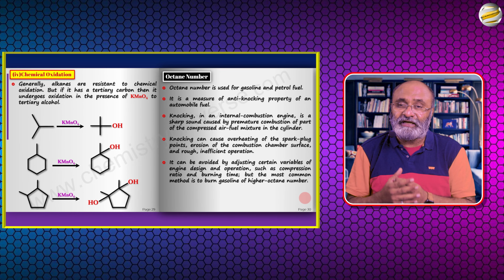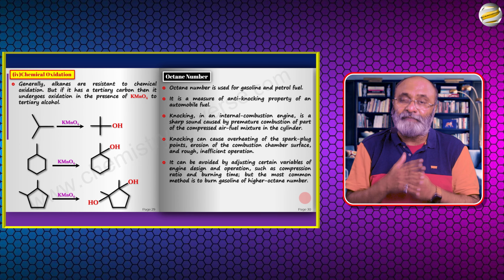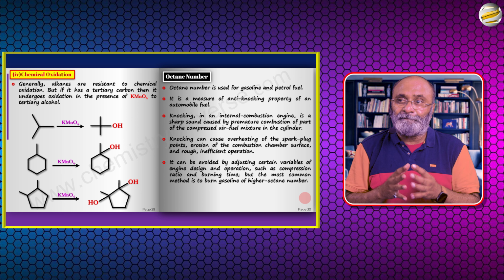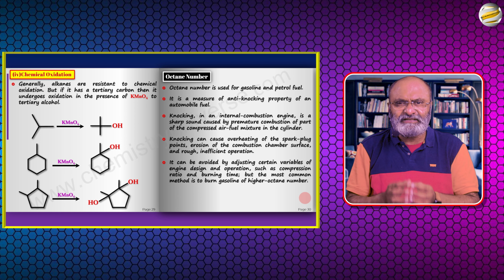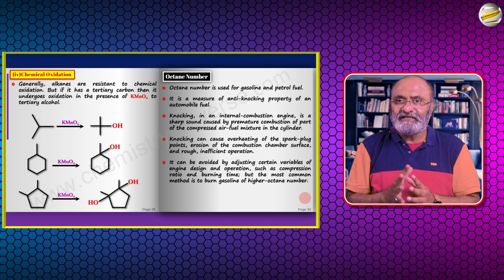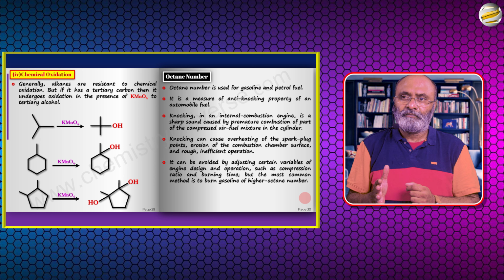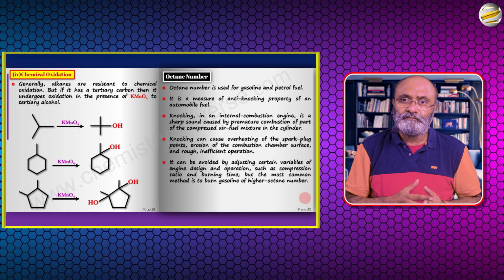Remember, higher octane number implies lesser knocking property. The best compound is isooctane. It has the least knocking property or highest anti-knocking property. It's rated as 100. And the worst is heptane.